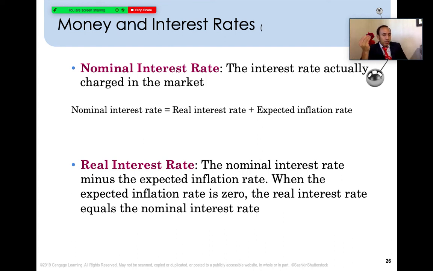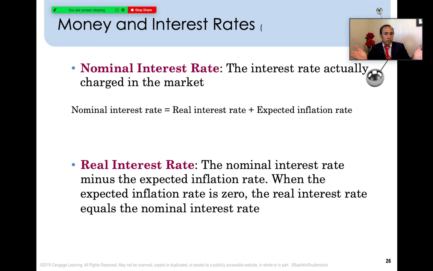What are they really charging? The real interest rate is the nominal interest rate minus the expected inflation. So if the bank is charging you a 21% nominal rate and the inflation rate is 1%, then in real terms they're taking 20%.